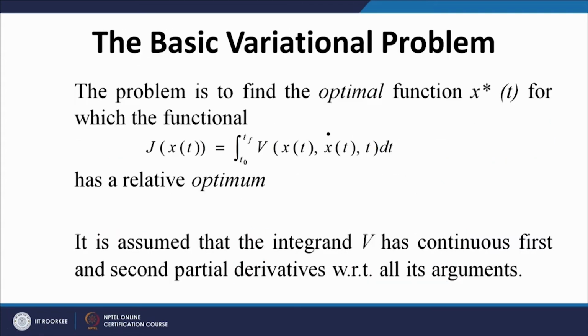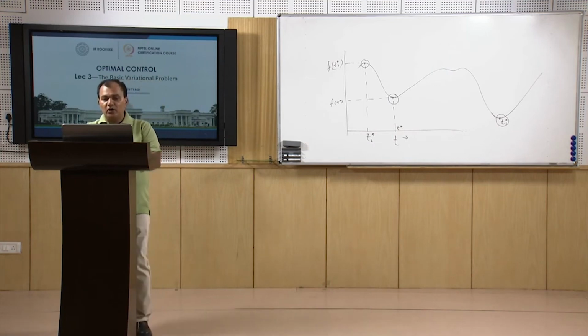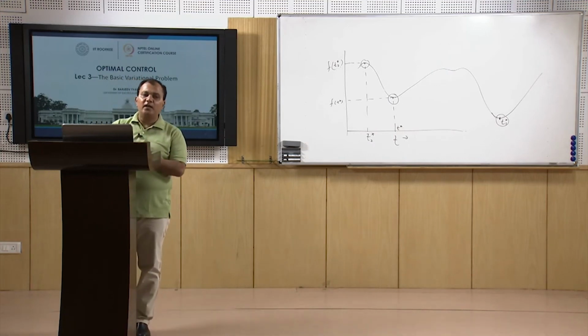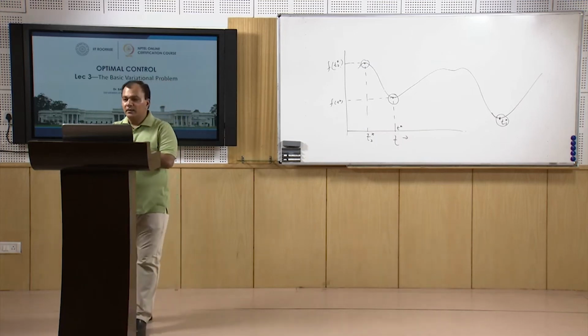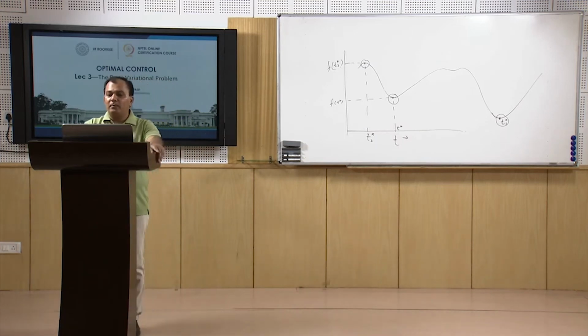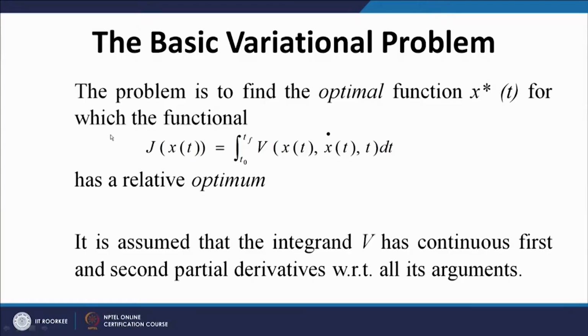So, based on this we apply our knowledge of function, functional, increment and variations to determine the optimal value of the function x star, which will give me the optimum value for J. So, my objective, the problem, is to find the optimal function x star for which the functional J will have a relative optimum point.